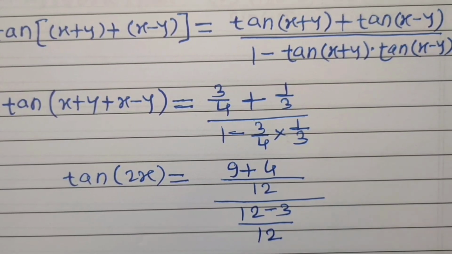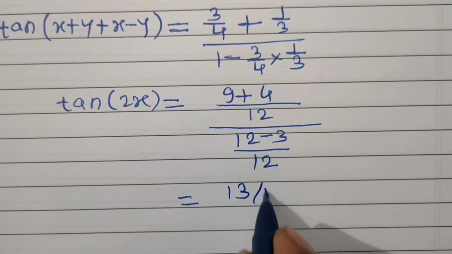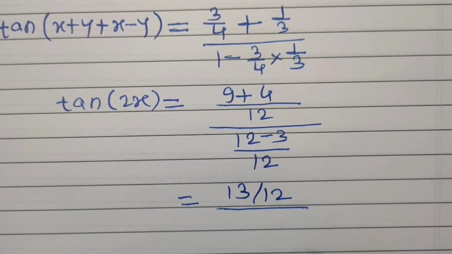So this is equal to, we can write 9 plus 4, 13 divided by 12, whole divided by 12 minus 3, 9 divided by 12.